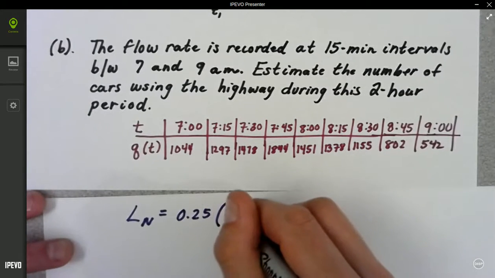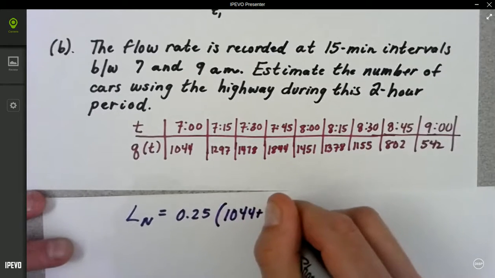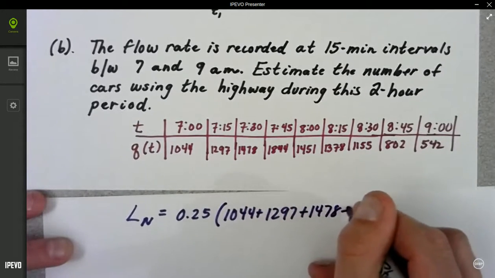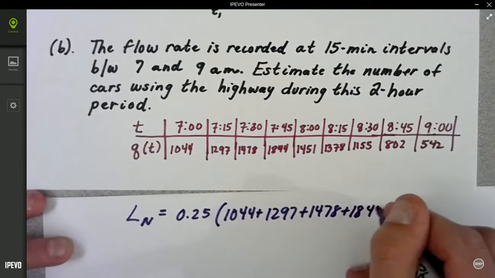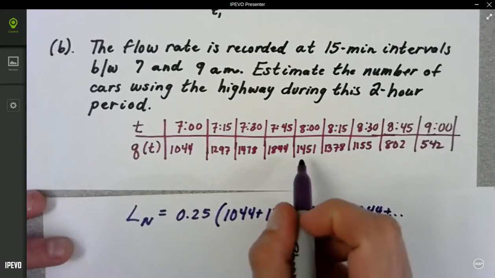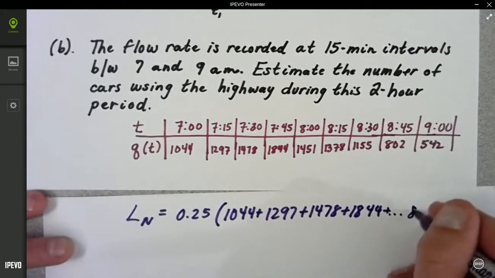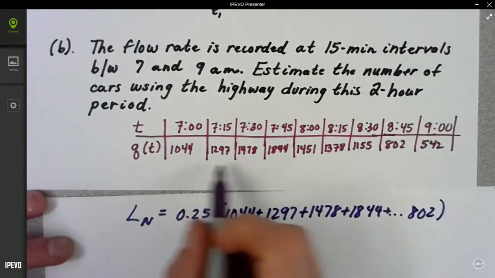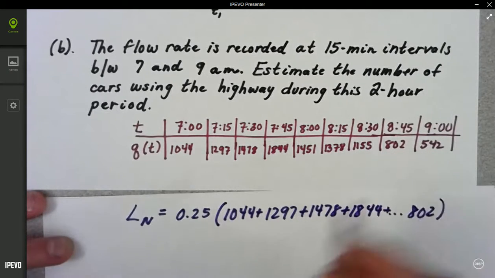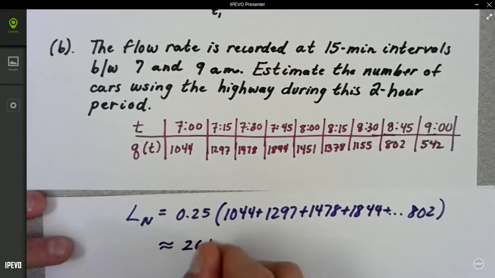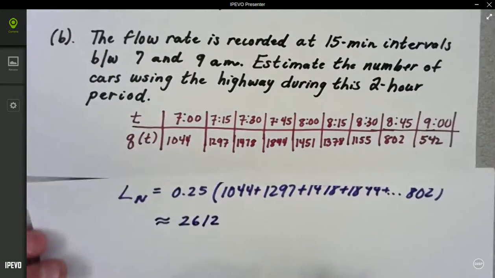So you have 1044 plus 1297 plus 1478 plus 1844 plus, I'm not going to fit all this in, plus 1451, 1378, 1155 plus 802. Remember, we stop at the last endpoint before the end. When you take that, you get approximately 2612.